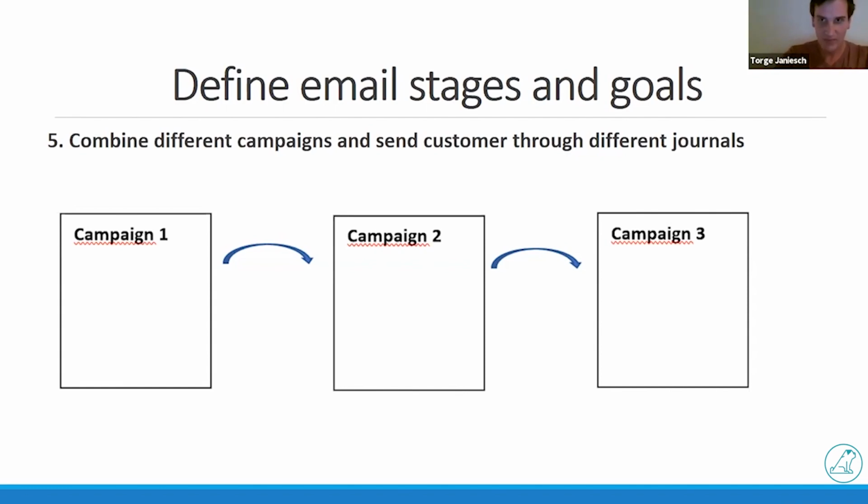And so I recommend you create more than one campaign and combine these. So when someone, for example, bought a cannabis vaporizer, and this is product 1 you try to sell, maybe the next campaign could be to sell them a special kind of weed, or whatever is especially interesting in that industry.